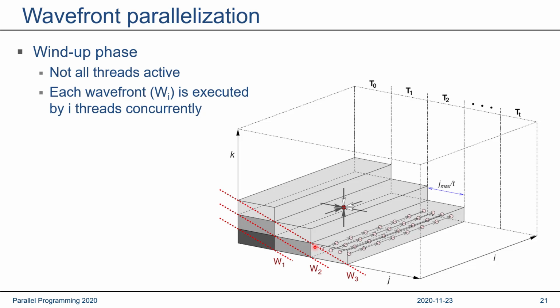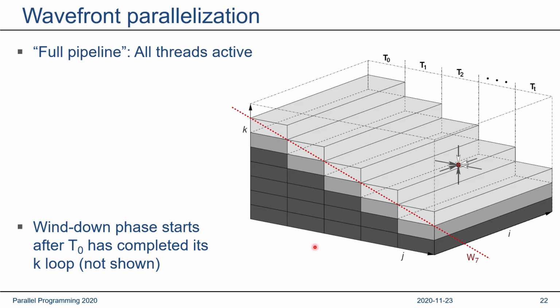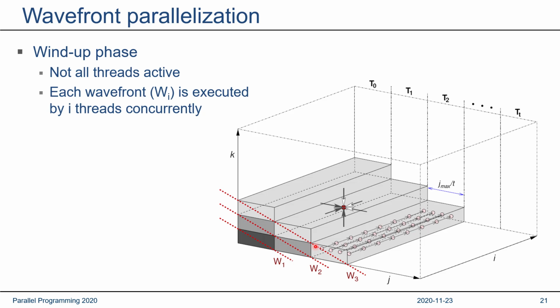So there's a wind-up phase where not all threads are active. This wind-up phase goes on until the complete range of J is actually covered. And since we chopped the J range into as many blocks as there are threads, this means the wind-up phase takes as many steps as there are threads.